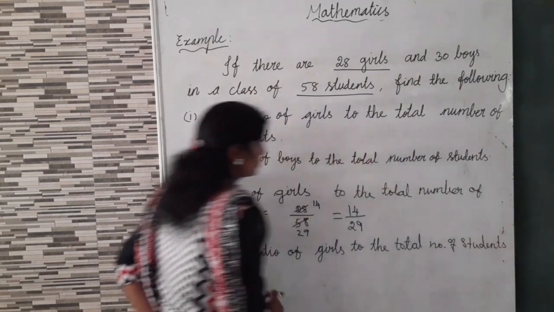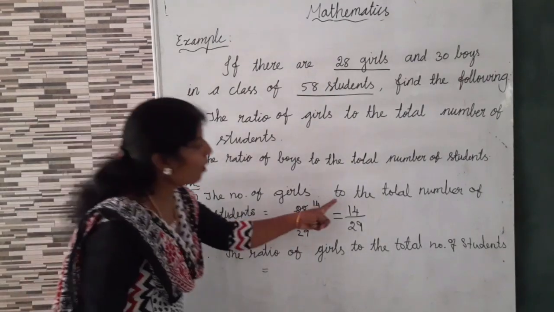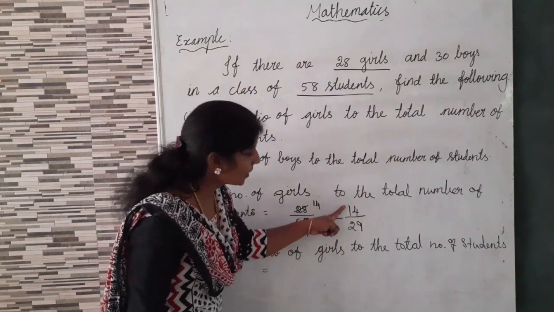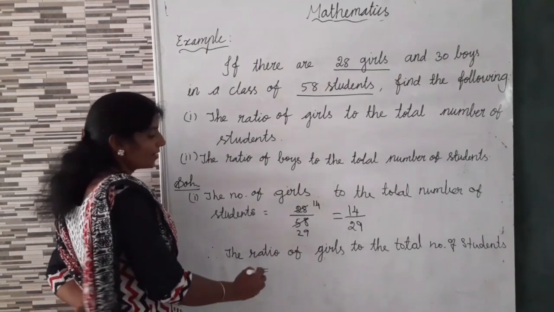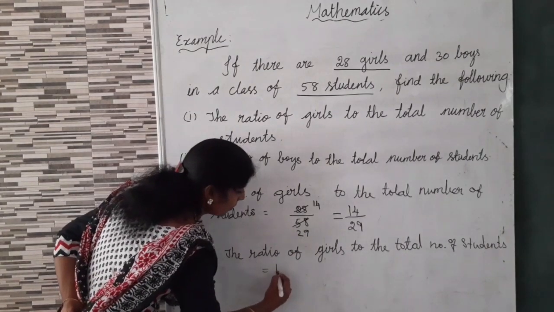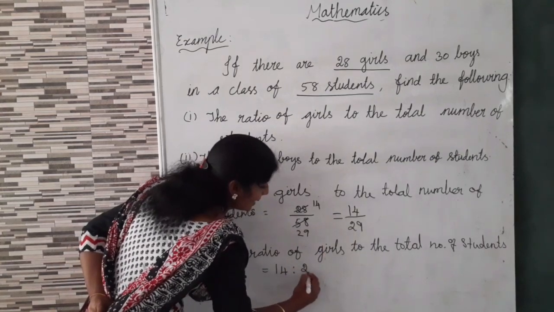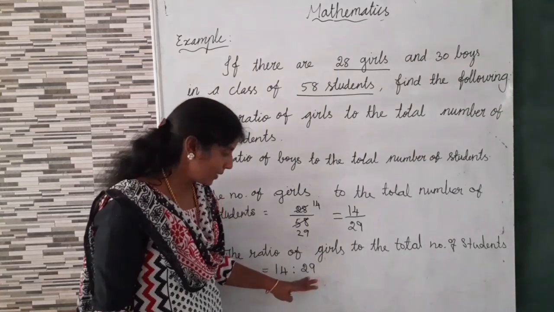How can you write in ratio form? 14 divided by 29. What's the ratio? 14 is to 29. First we write the numerator. 14 is to 29. This is the ratio of girls to the total number of students.